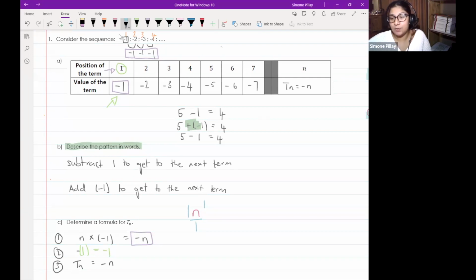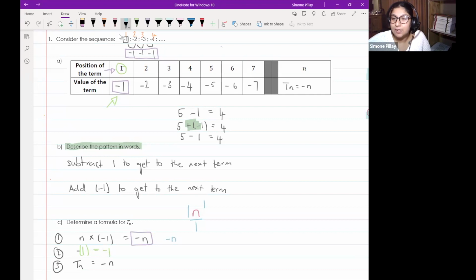Do you remember what a coefficient is? Yes, ma'am. It has an invisible coefficient of 1. So if I said n times -1, the answer is -1n. But because I know every single variable has this invisible coefficient of 1, I don't have to put the 1 in. So I just erase the 1 and have it as -n.